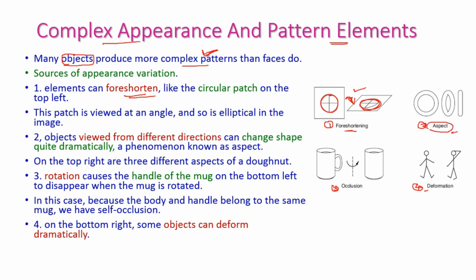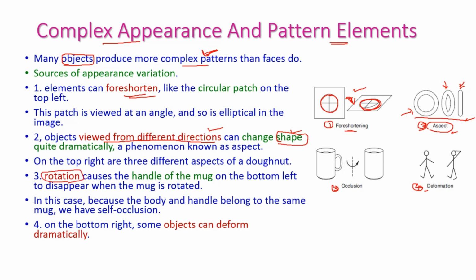Aspect means if we see the same donut from a different direction, then the shape of the donut changes. That is, if we view the same object from different directions, then the shape of the object will change.